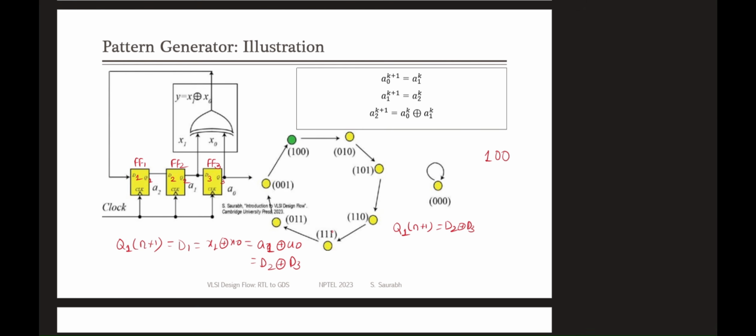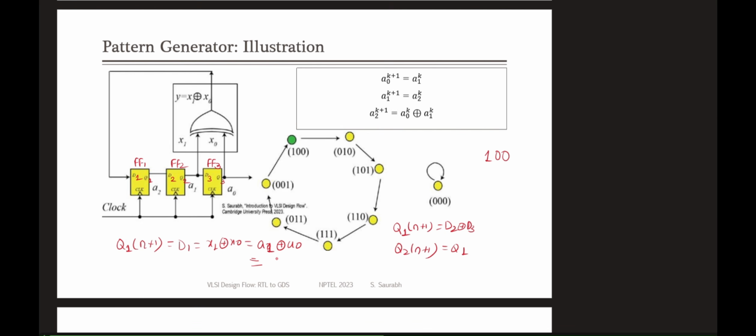Now the other part is like the shift register. Q2 next state will be D2, and D2 is connected to Q1. Sorry, I wrote D2 here.